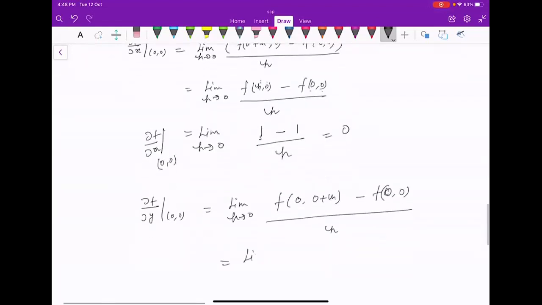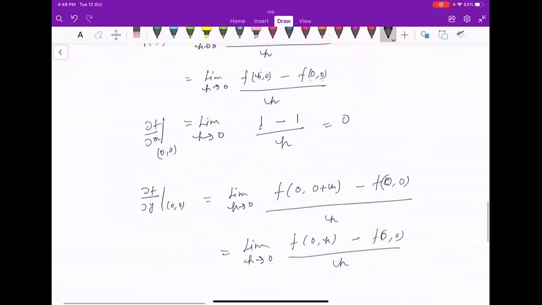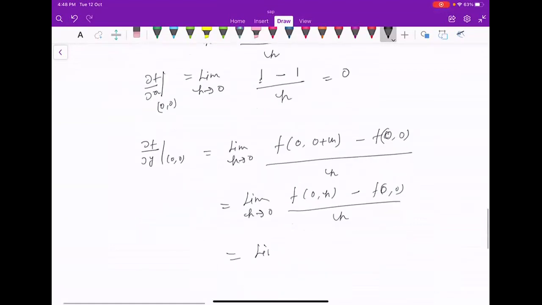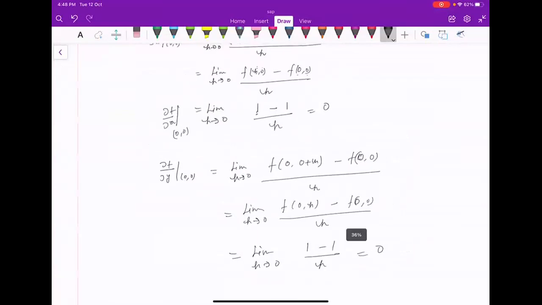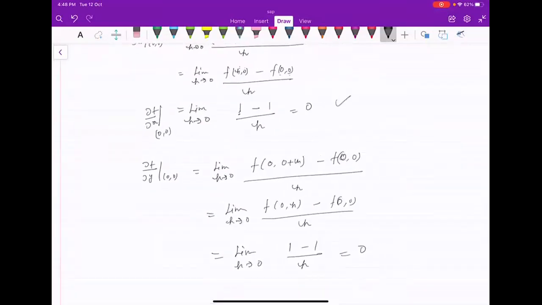So limit h tending to 0, f of 0 comma h. The value of f of 0 comma h will be 1. So limit h tending to 0, 1 minus 1 upon h, is coming out to be 0. So del f over del x is 0, and del f over del y also; both limits exist and are 0.